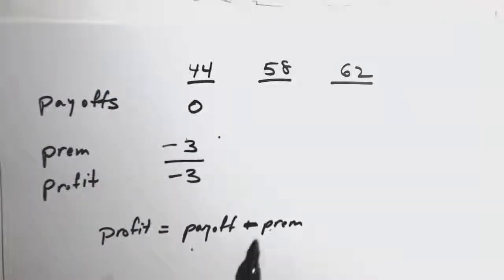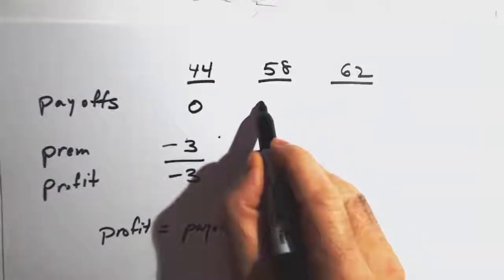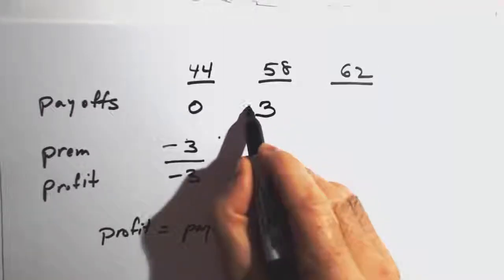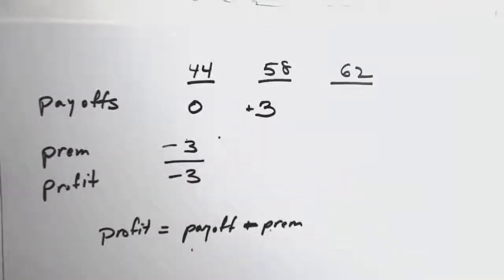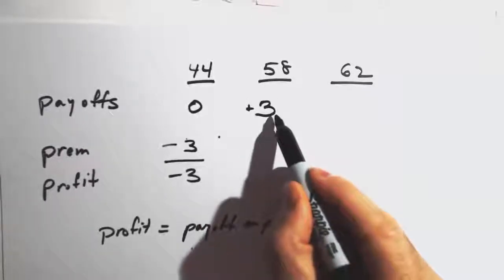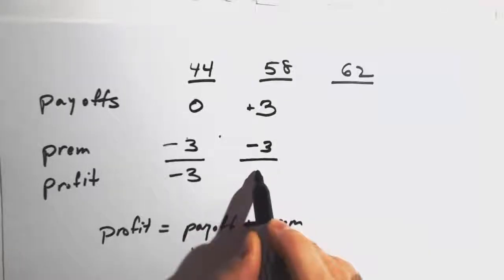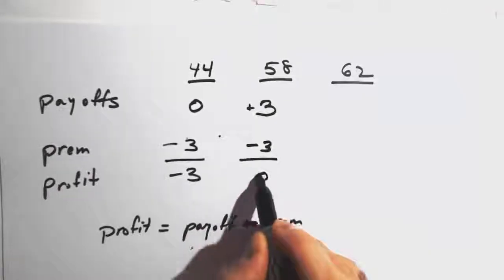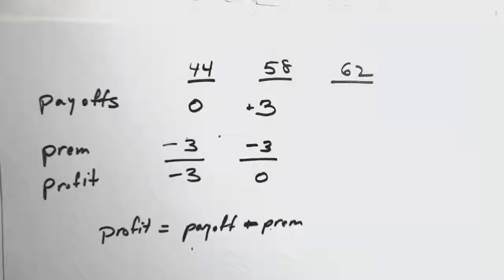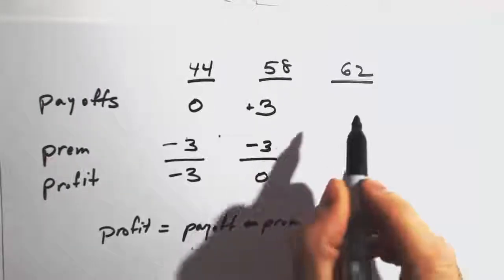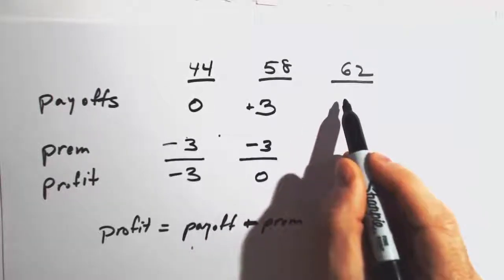The payoff is going to be 58 minus 55, and that's 3. So we get a positive payoff. You would exercise this option at expiration to get that $3. But you paid $3 for the option, so profit-wise, you break even.